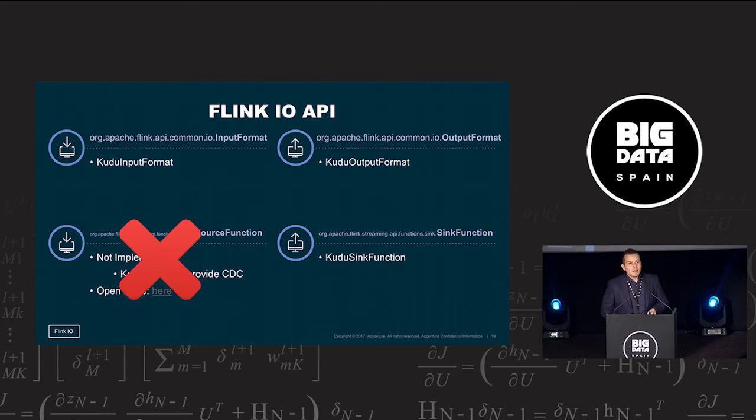So for the moment, it makes no sense to add a Kudu source. We can't, indeed. And yeah, the sink function is the interface for implementing user-defined sink functionality. Here we have a KuduSinkFunction that allows writing data into Kudu in a streaming fashion. Okay, this is very simple.